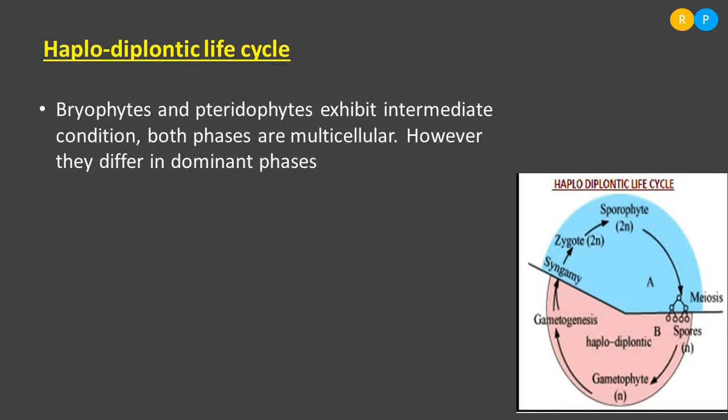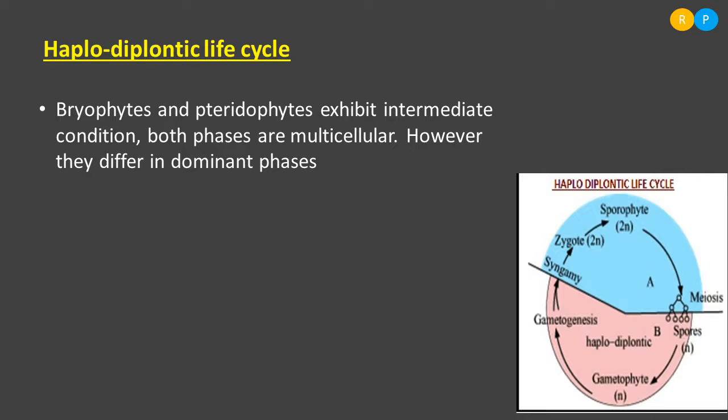Bryophytes and pteridophytes exhibit intermediate condition. In these two plants, we can see haplodiplontic life cycle. In both the plants, these two phases are multicellular, but they differ in dominant phase. Because in the bryophytes we have seen the main plant is gametophytic plant.